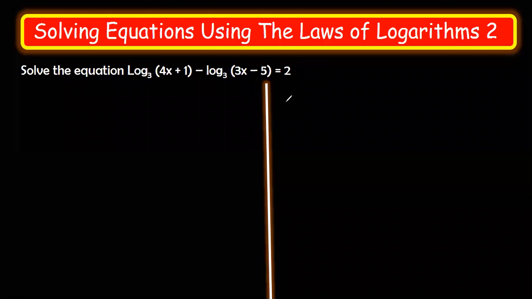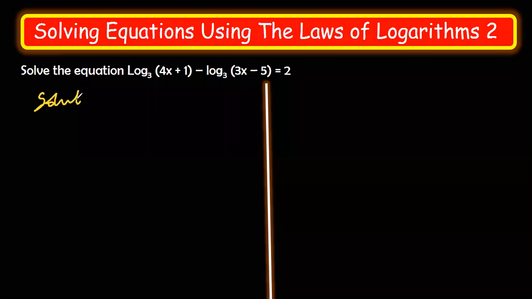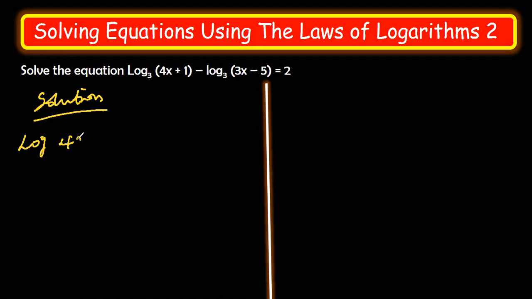Okay, let's pick the first pen. So first thing, let's write out the equation. Solution: we have log(4x + 1) in base 3.